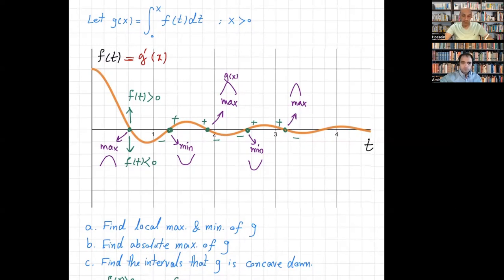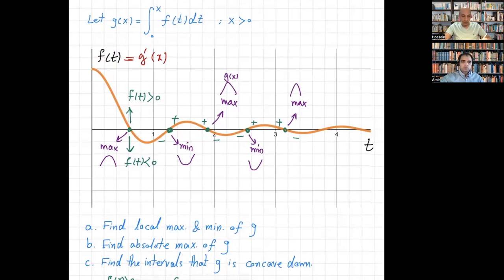So basically, we said this f of t is the derivative of g, and whenever the sign of f changes from positive to negative, like this point, we have a local max, and when the sign changes from negative to positive, we have a local min.